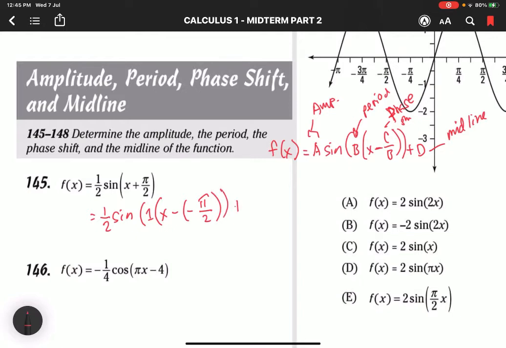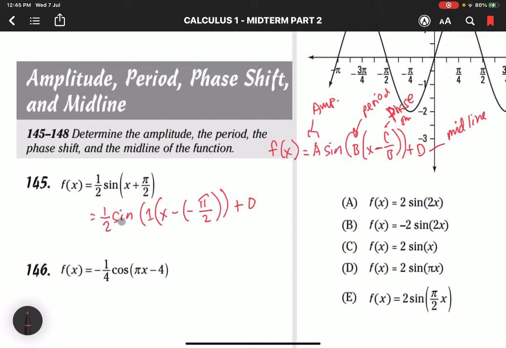And then plus, since wala tayong nakalagay dyan na midline, lagay lang natin 0. 0 sa midline. So, kung 0 siya, ibig sabihin, nag-move siya horizontally, hindi vertically.